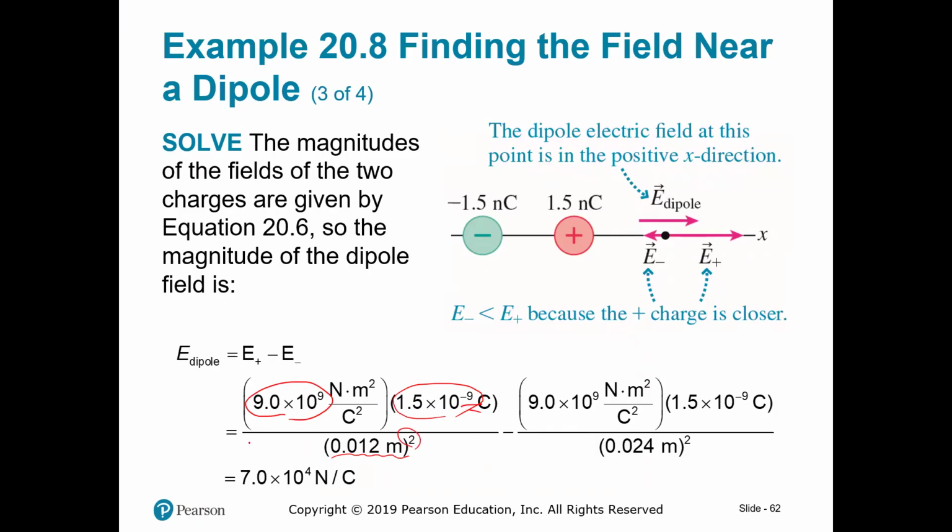This is positive because E plus is due to this proton, and it's away from the proton. And the second one is to the left, whose magnitude is the same, except the distance is 2 times. If you calculate it, this is going to be your answer. Of course, the answer will be positive because E plus is greater than E minus.